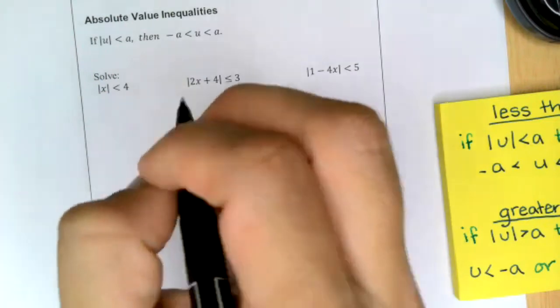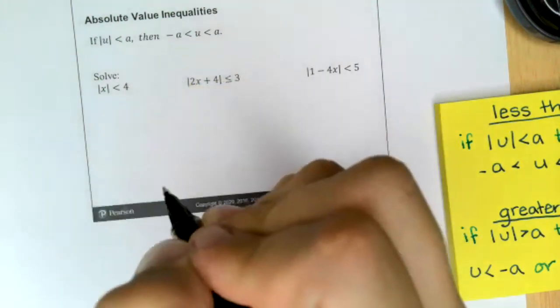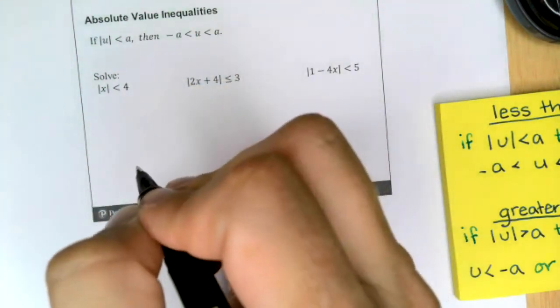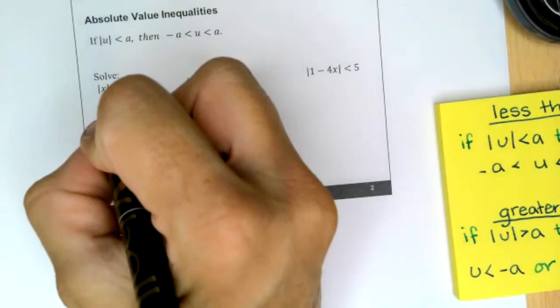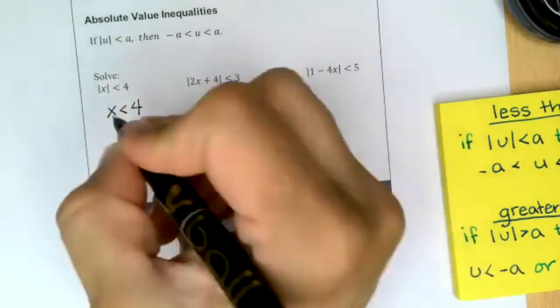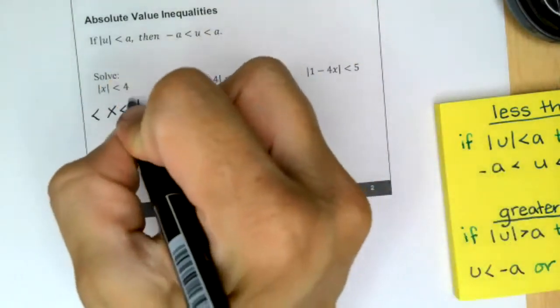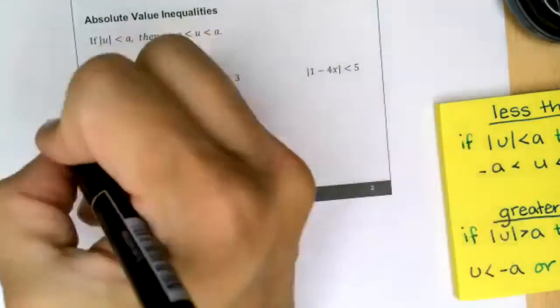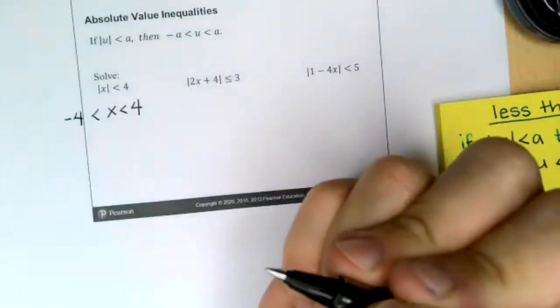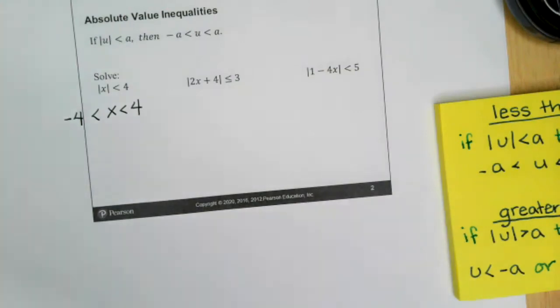Okay, so the absolute value of x is less than 4. The absolute value is isolated, so we rewrite it. No absolute value bars, keep that the same. X is less than 4, and x is greater than the opposite of 4. You're done. Now you can graph it if you want.